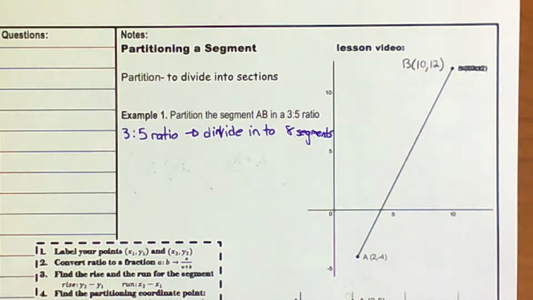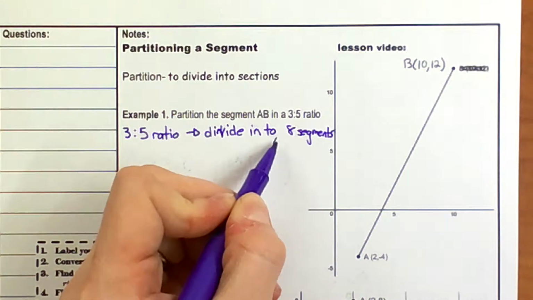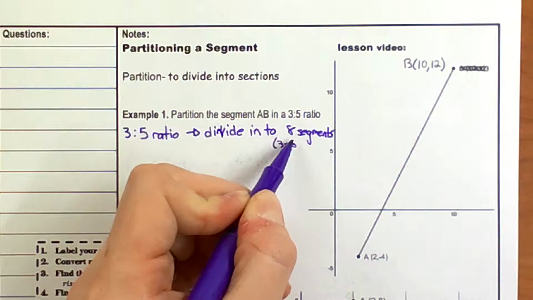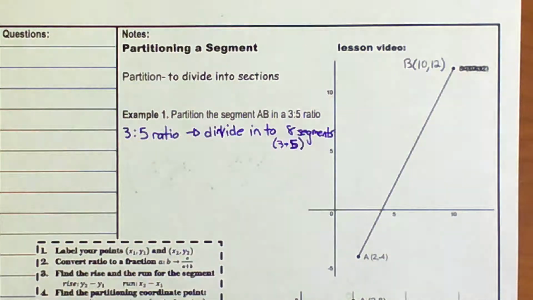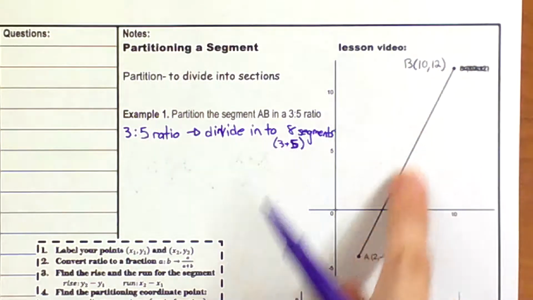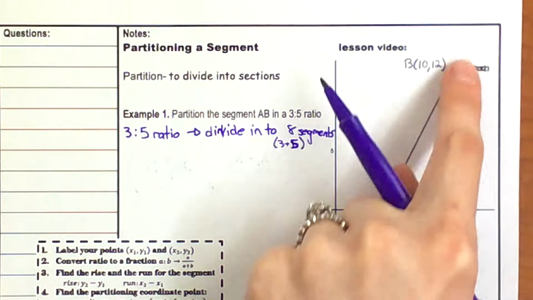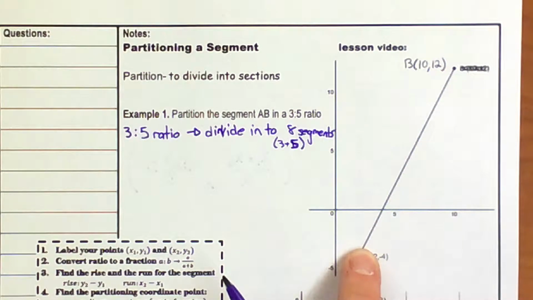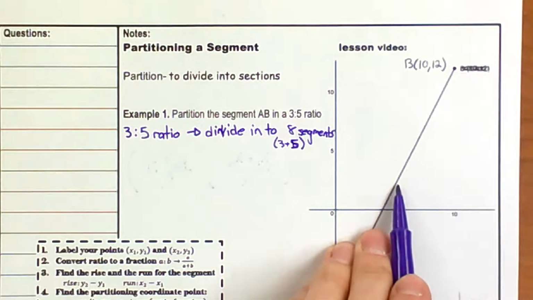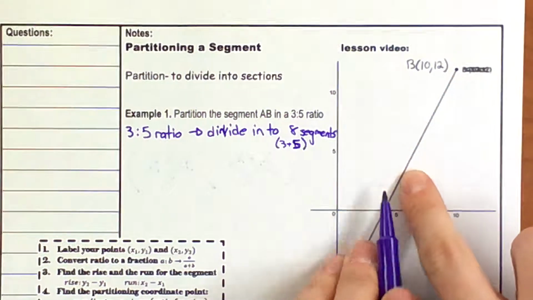The reason I get that 8 is because of 3 plus 5. So we're going to divide this into 8 different segments, from A to B, so 3 segments from A, but 5 segments for B.